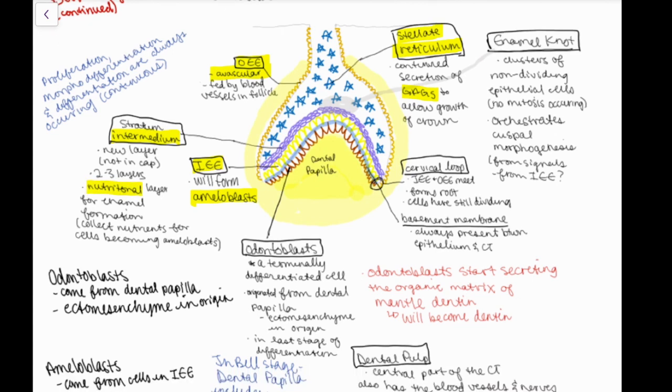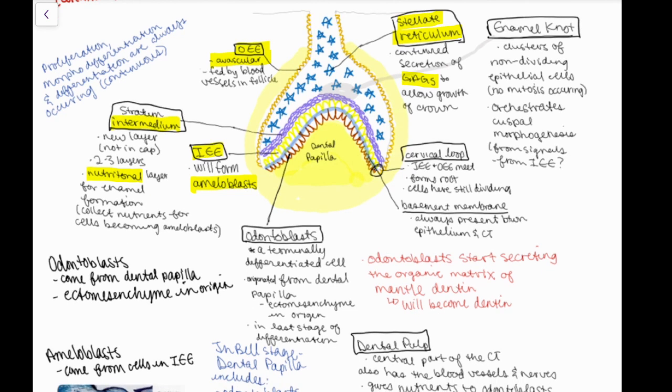We have odontoblast that we know differentiated and came from the dental papilla side. And then odontoblast starts secreting the organic matrix of mantle dentin. And mantle dentin is the first dentin that's formed. And then after that will be circumpulpal dentin surrounding that.